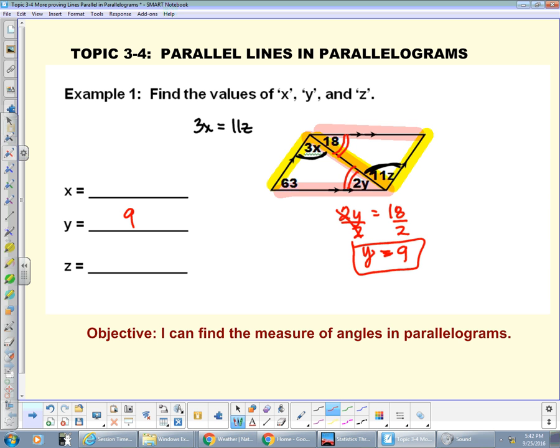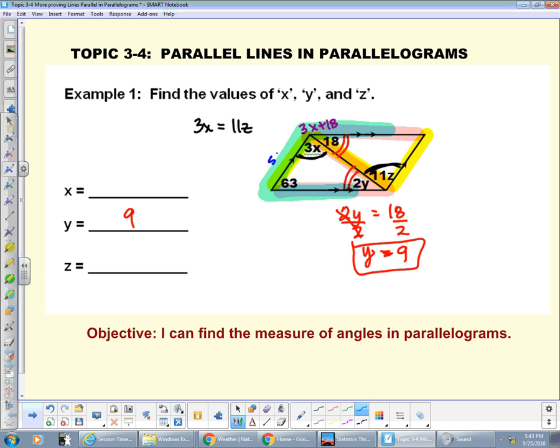Now I need to look for some other kind of relationship here. One of the things that jumps out to me is, if I trace this angle, this may be hard for you to see, and that whole angle, by the way, would be 3x plus 18, the two angles combined, and I trace the angle that's 63, what I see there is the letter C. So I know those are same side interior, and I know that same side interior angles are supplementary.